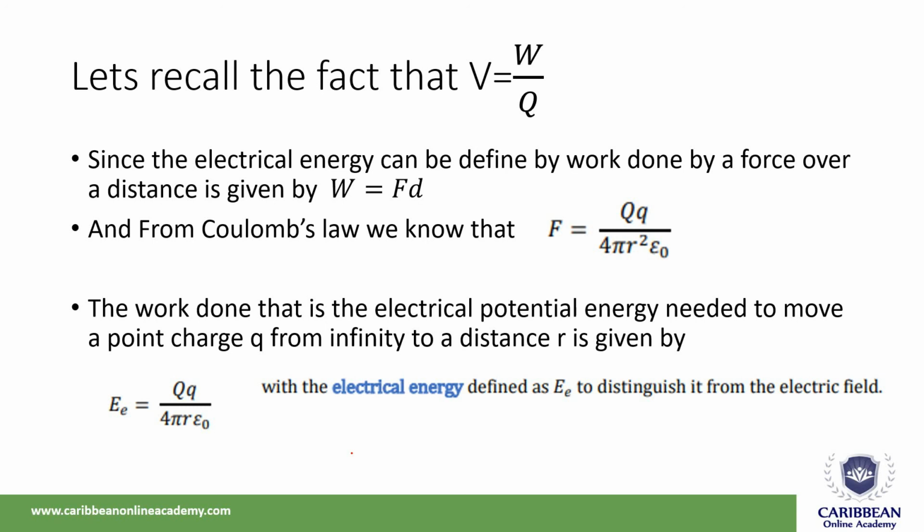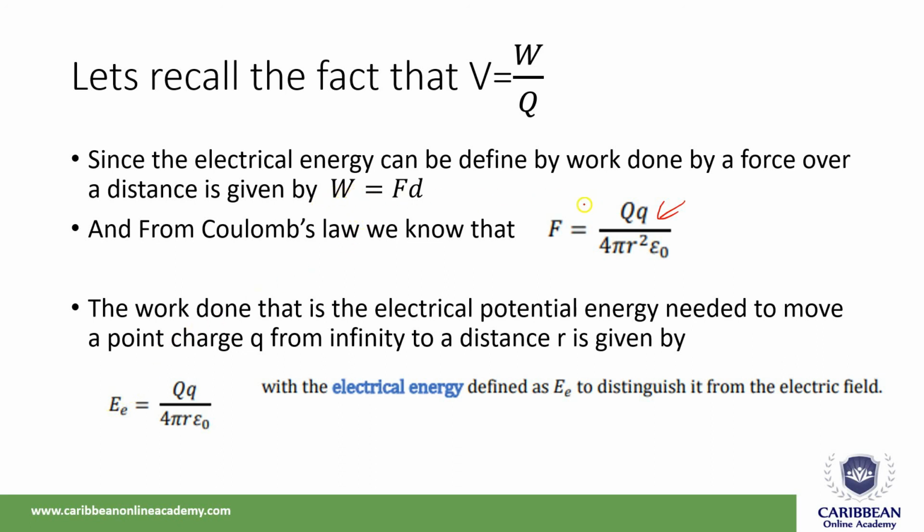Now, recall as well that force from Coulomb's law is given to us as K times Q1 times Q2 divided by R squared. This is just the same thing here, only refined in a different way, right?